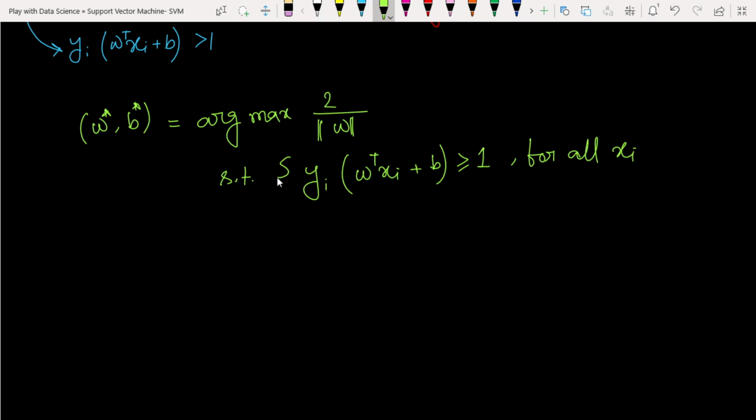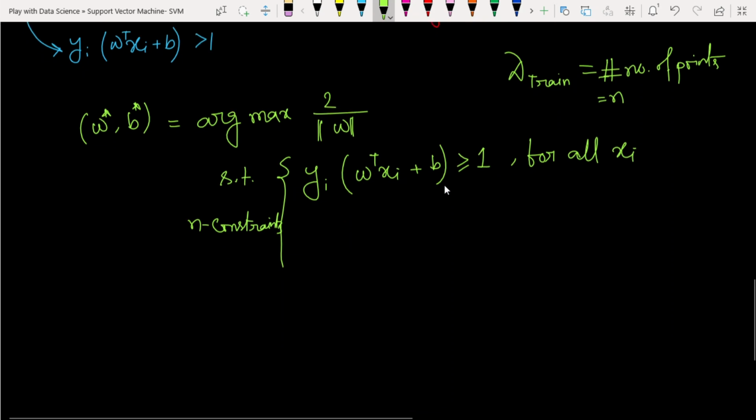If you see, this is not a single constraint. If we have n data points in D train, then we get n such equations. So here we got n constraints. Okay, I think this is clear.